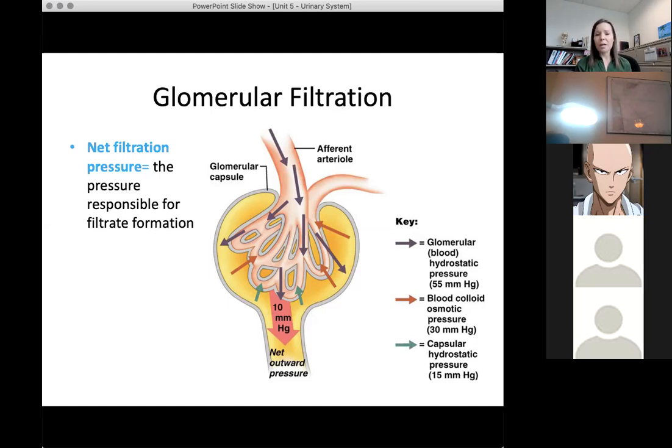So if we want to figure out the net filtration pressure, we take the pressure that is promoting filtration, the blood pressure in the glomerulus, which is about 55. Then we subtract the two opposing pressures, which in total are about 45. So 55 minus 45 is 10. You have an overall net filtration pressure of about 10 millimeters of mercury.